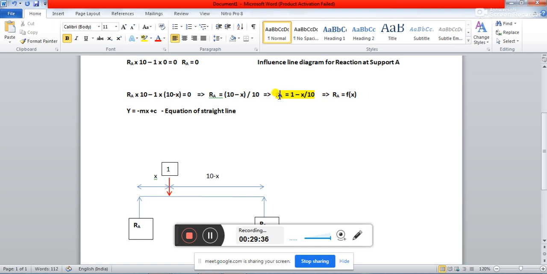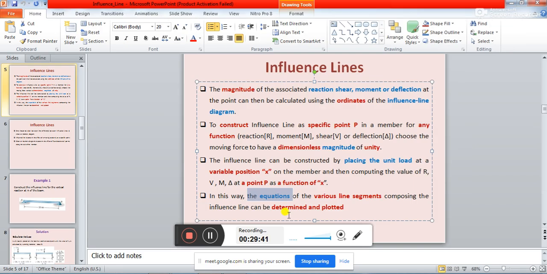We have got an equation for this RA in terms of this variable x, and this equation will consist of various line segments. See, in this problem, you are only getting one line segment.